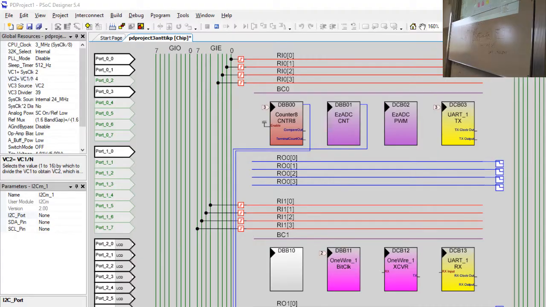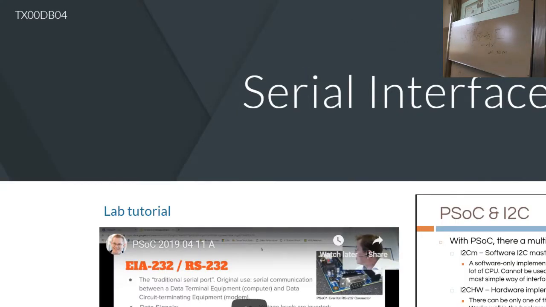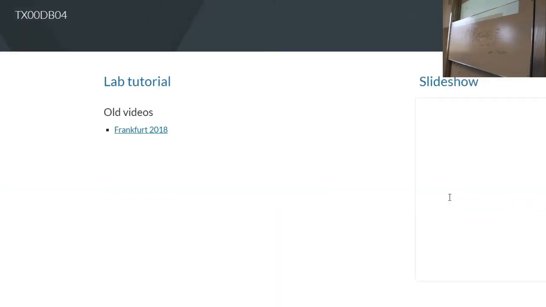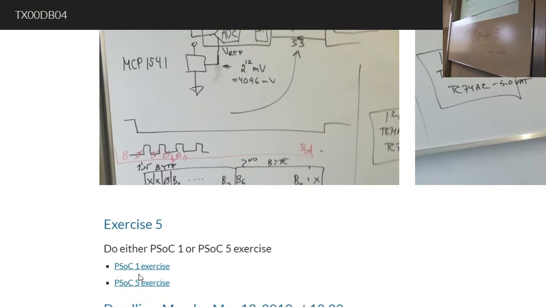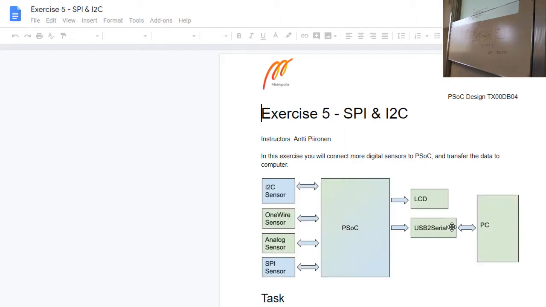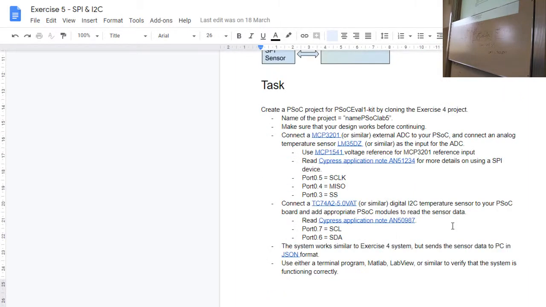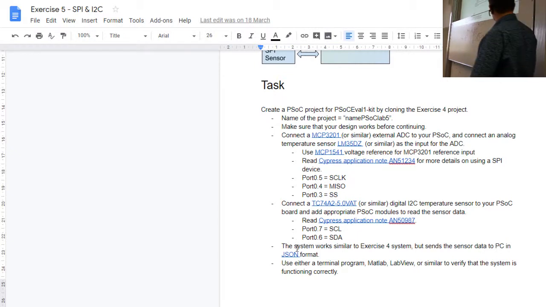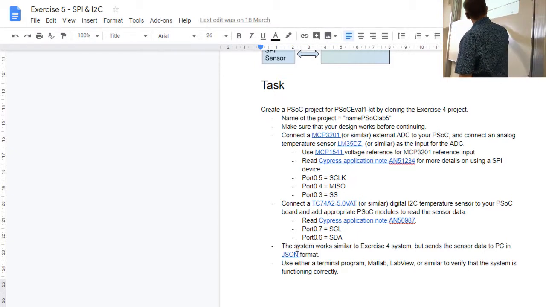let's see, I think I have it. In this exercise, yes. On the fourth exercise, it's okay as long as you get the numbers. But in the fifth exercise, the numbers should be in JSON format.